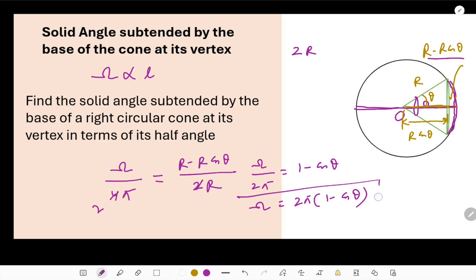You can integrate it to find it, or you can just find it like this, like I did. And it is always true, always correct.